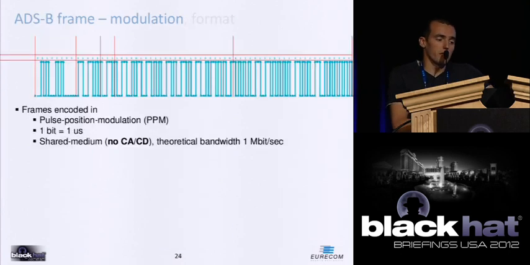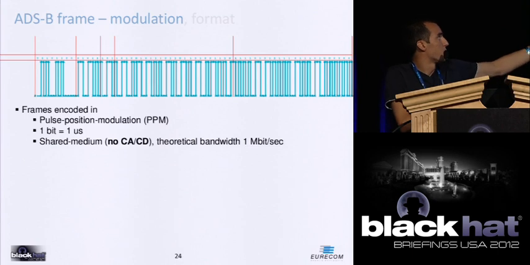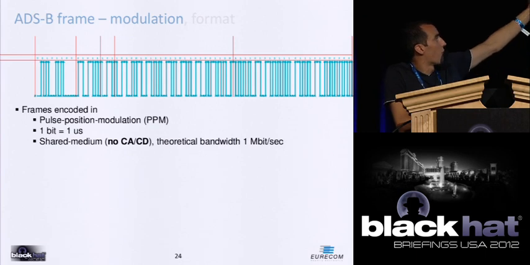So, some technical aspects: what does an ADS-B frame look like? Basically, the frames are encoded in pulse position modulation, which is PPM, where one bit is 1 microsecond. As you can see, for example, when in the middle there is a low to high transition, it's a 0 bit.